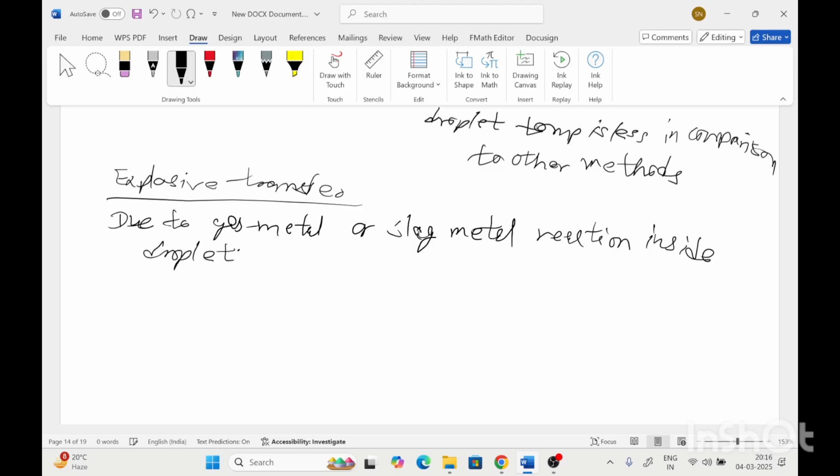Means the reaction occurring inside the droplet will increase the temperature to the level that the droplet will explode.